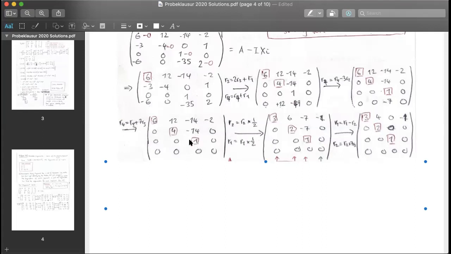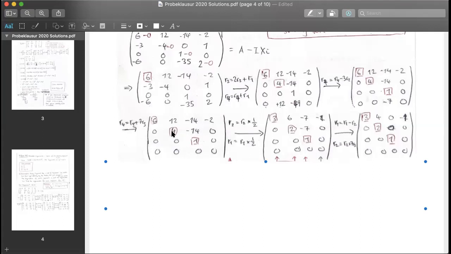For example, you have a 1 here and zeros everywhere else. So I see that I can use this 1 to clean out the -14 quite easily, right? So I attempt to clean it out. You don't have to if you don't want to, but I think it's a little bit neater if we do it first. The first thing I do is, well, 4 and -14.